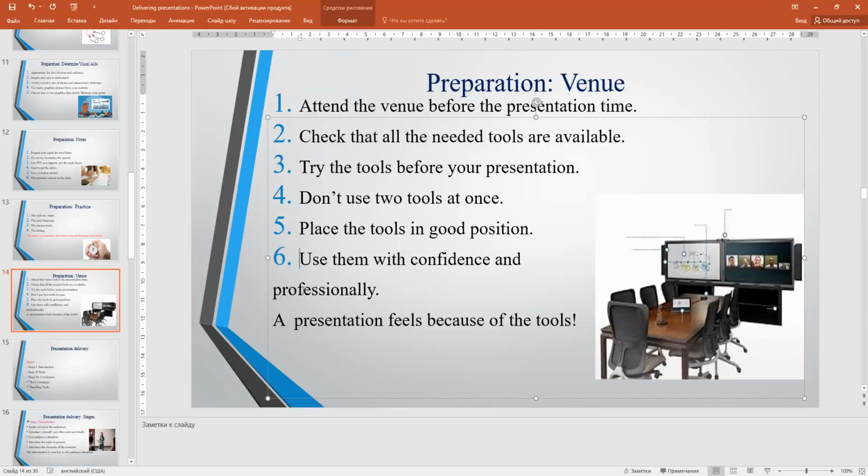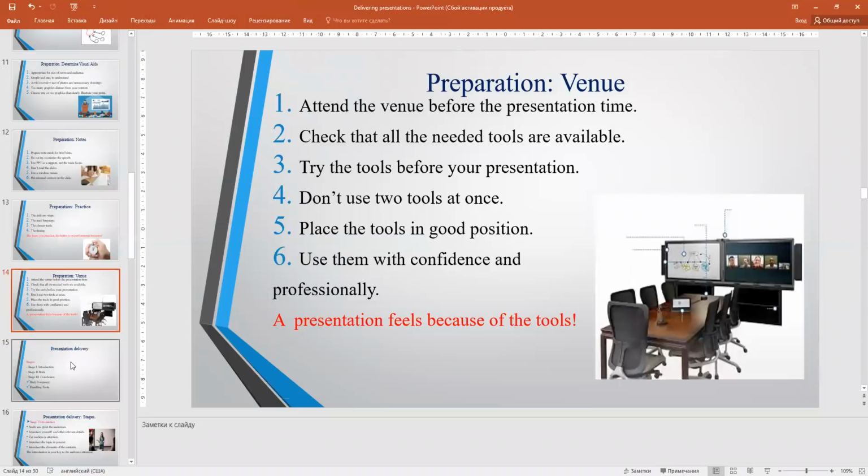It means you shouldn't be shy or posing while using these kinds of items. And here's also a golden rule for you. Your presentation is also a feeling. The devices can form that feeling.